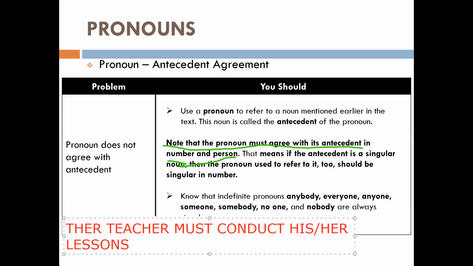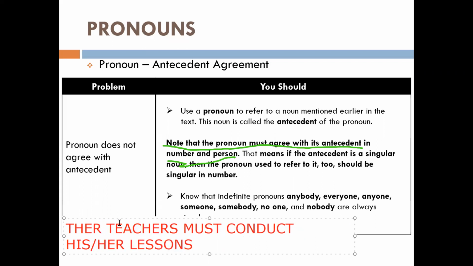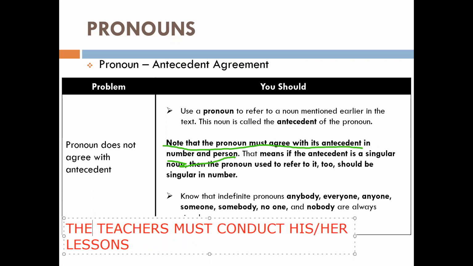So instead of using a singular subject, especially in your essay, nasa essay writing tayo, I do not suggest the use of singular example. Mas maganda, plural, para the teachers must conduct their lessons properly. Example lang yan.